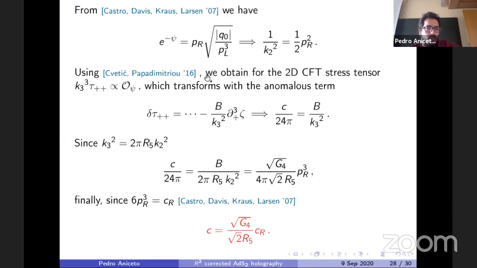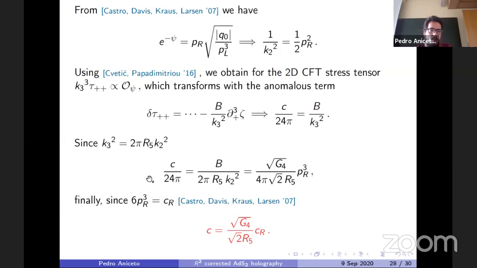This is just using the results of the 2016 paper. And so, as I had said before, it transforms anomalously, and the anomalous term is given by this c over 24 pi given by the 3-dimensional Newton's constant, which in our case is just the period of the Kaluza-Klein circle reduction times the 2-dimensional Newton's constant.